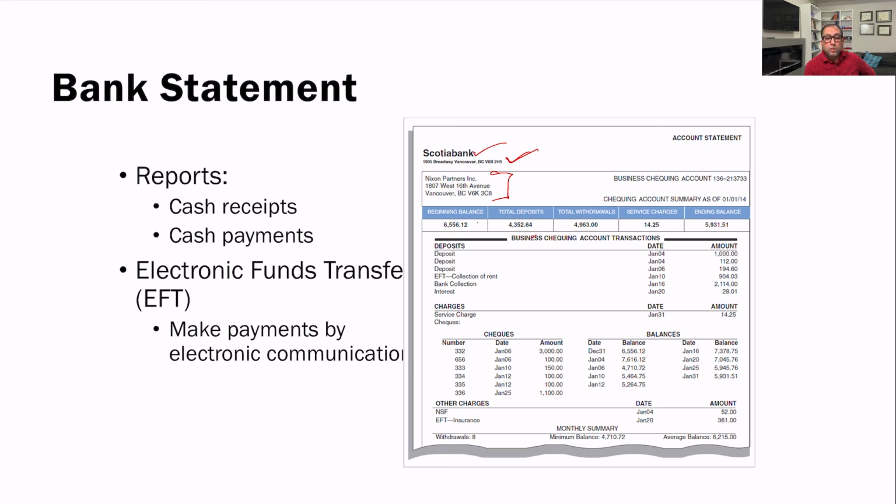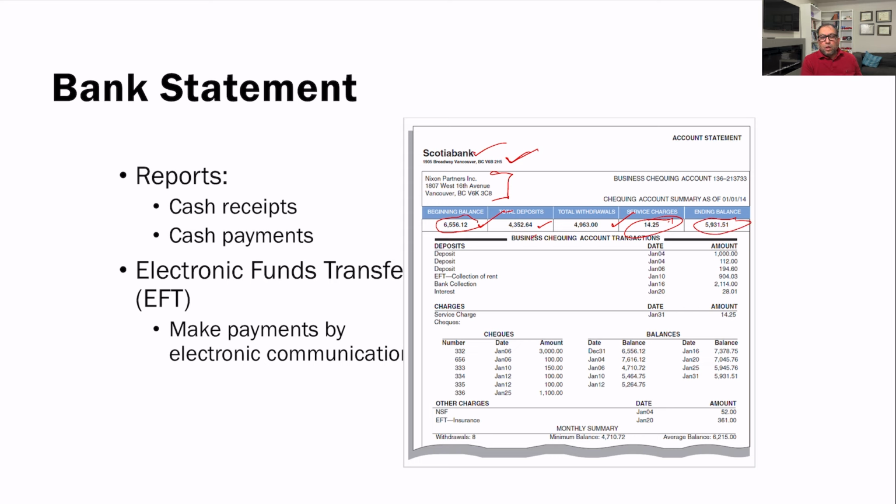The rest of the things you can see: this is the beginning balance of that particular month or period, then we have the total deposits during that period and the total withdrawals during that period. If there are any charges, like bank charges for certain services or for a particular period, like per month, banks normally charge to maintain the accounts. These are the bank charges.